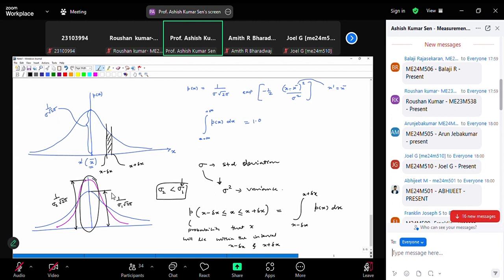So if you want to know the true value of the temperature or pressure or whatever, you not only specify the mean, you also specify the standard deviation. With the help of mean and standard deviation, you define a range within which your true value is going to lie, at a certain probability.